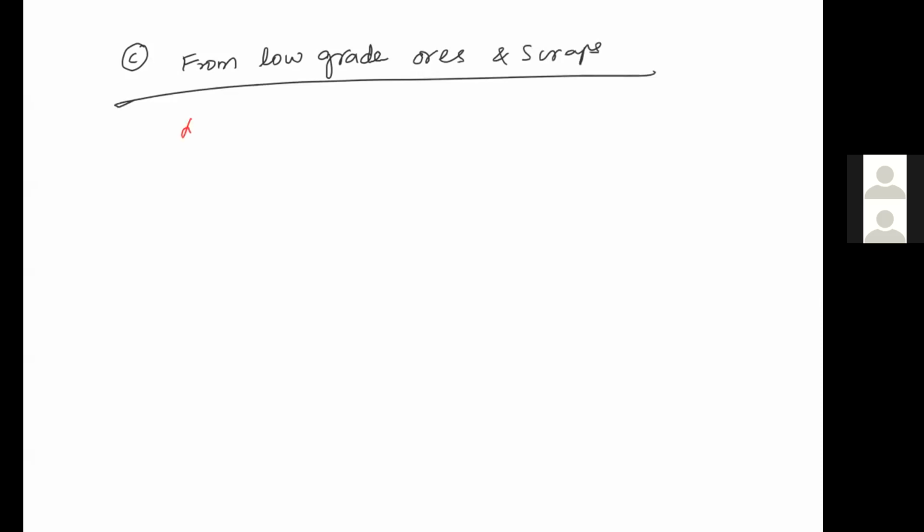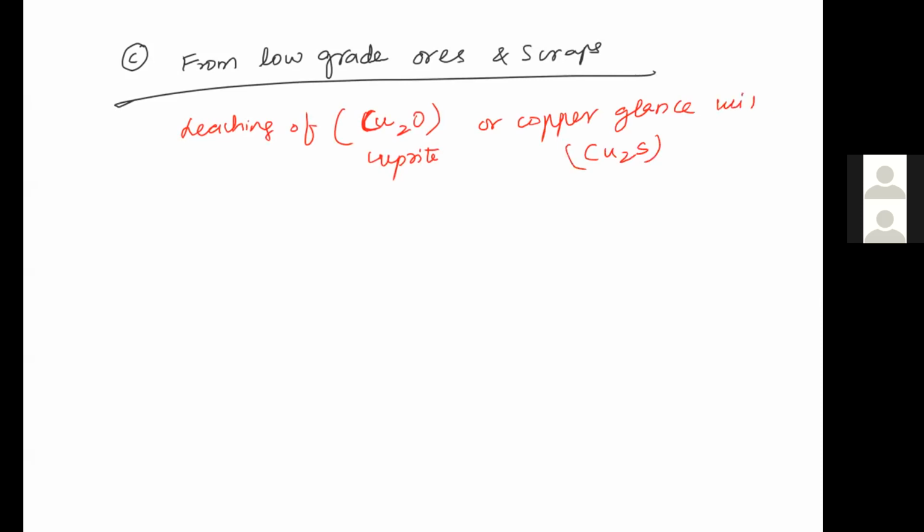Next we have extraction from low grade ores and scrap. So leaching is a chemical method of treating Cu2O, which is cuprite, or copper glance, which is Cu2S, with dilute H2SO4 in presence of air.